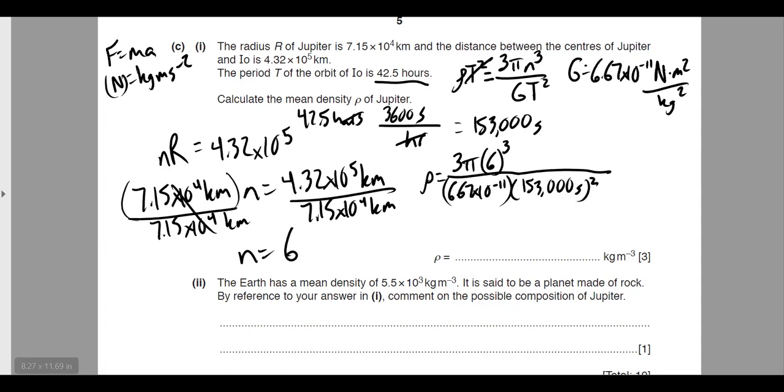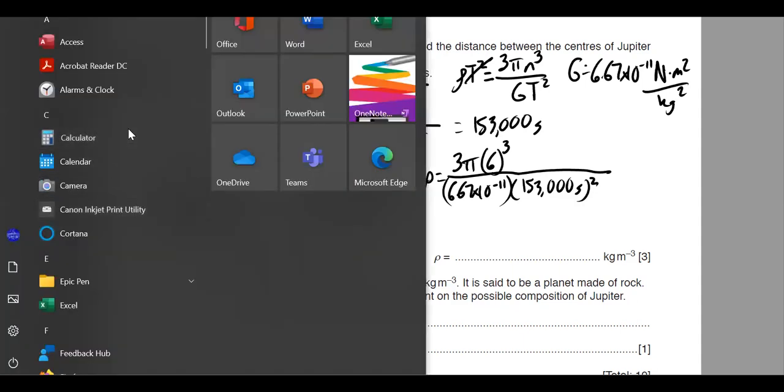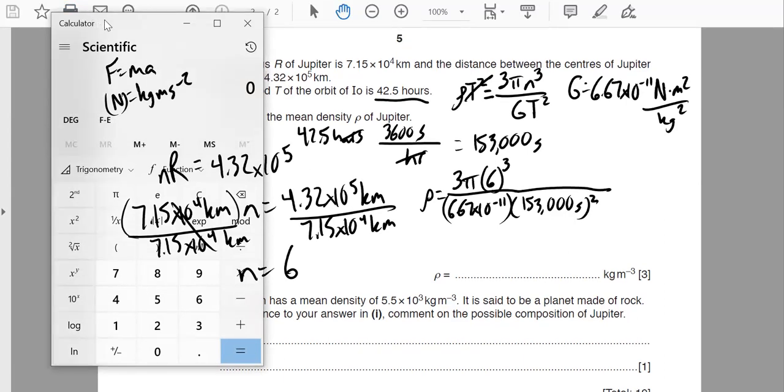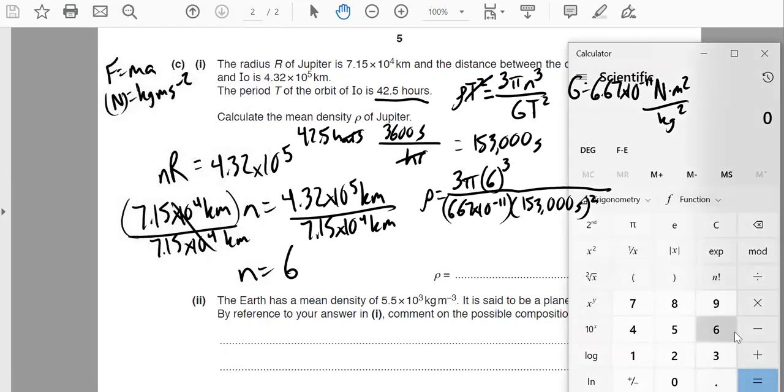Let's see this on the screen. Here's the calculator. All right, maybe you can see it there more clearly. So I got 3 times pi times 6 cubed. I know that's inefficient.